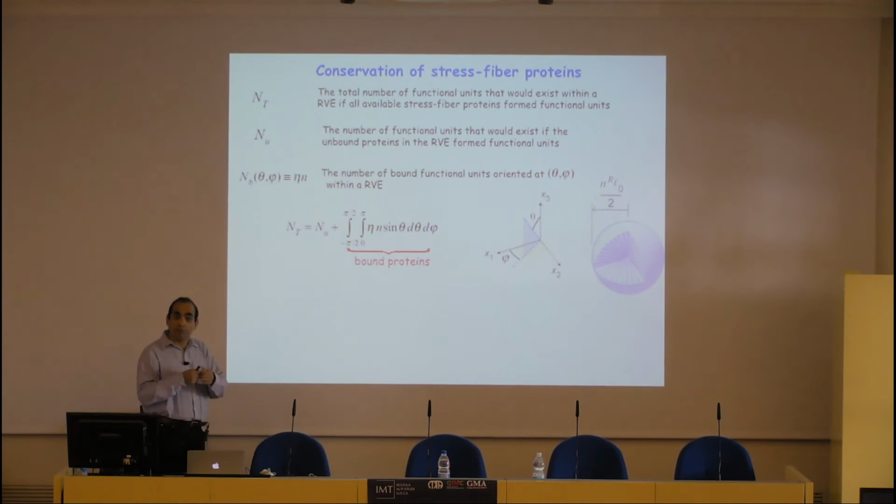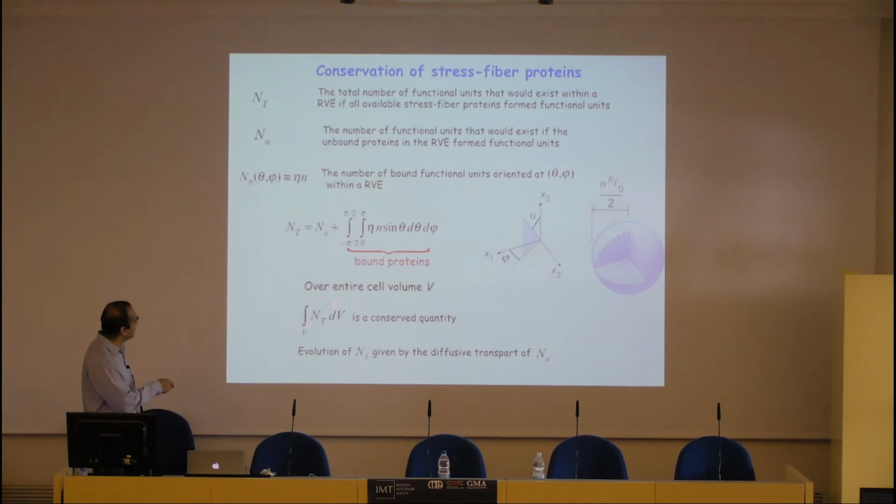Now, the unbound proteins are free to diffuse in the cell. The bound proteins are not going to diffuse. And so you have a conservation law basically saying that the integral of this quantity over the whole cell is conserved, and the time evolution of this quantity at any given point is given by some kind of diffusive relationship of the unbound proteins. I'm not writing the equations, but you can see that. So that's conservation law number 1.